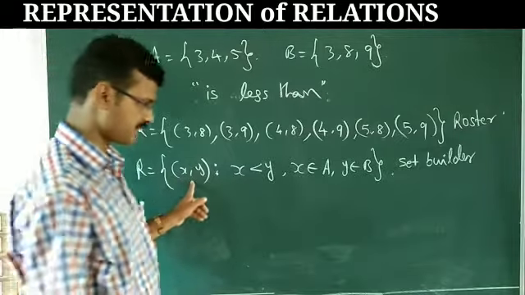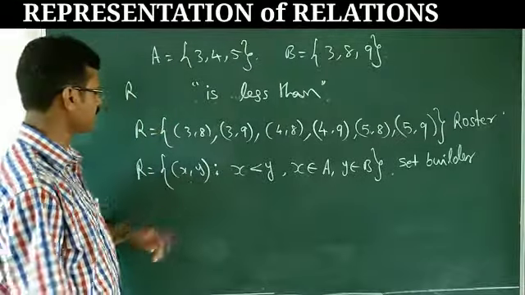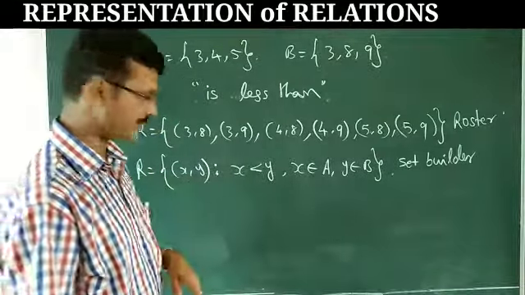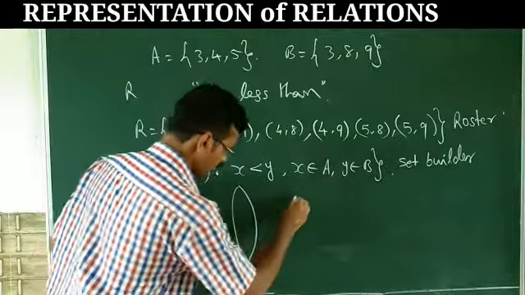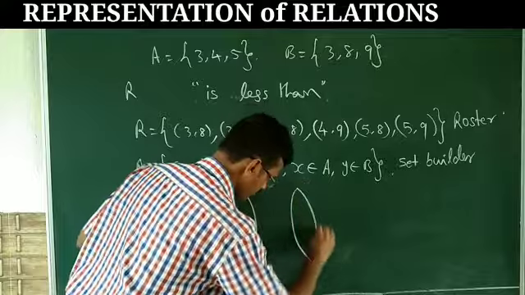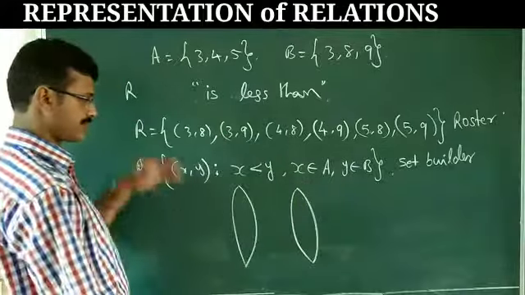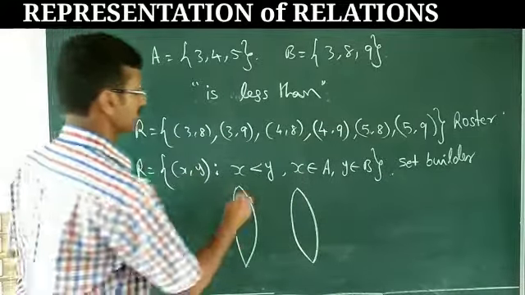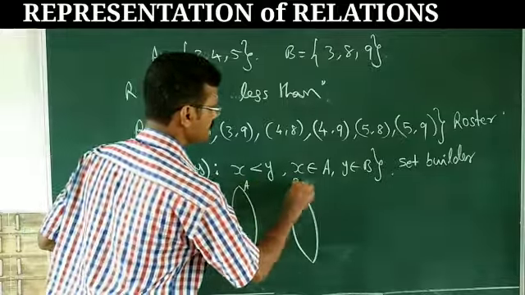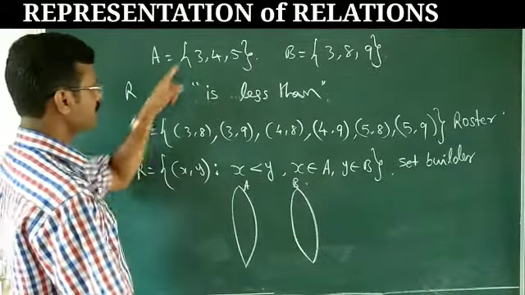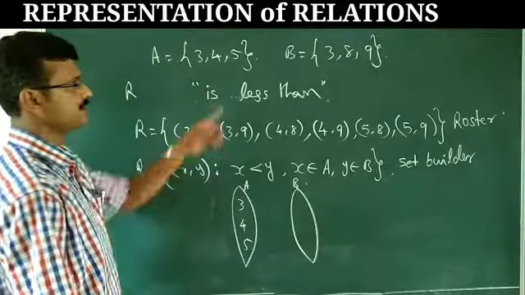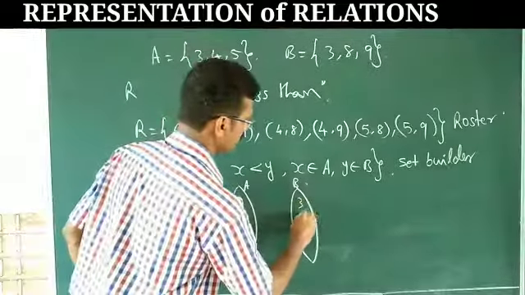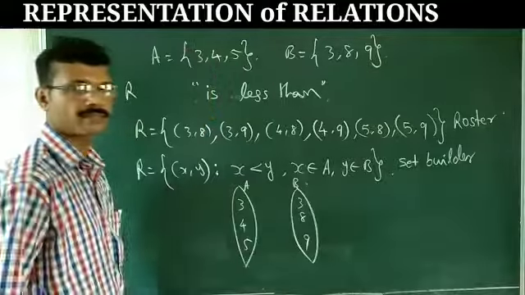This can be represented with the help of a diagram, that is known as an arrow diagram. So we draw two oval shaped figures or circles, whatever it may be. Here A and B are given. A I am writing 3, 4, 5, and B is 3, 8, 9.